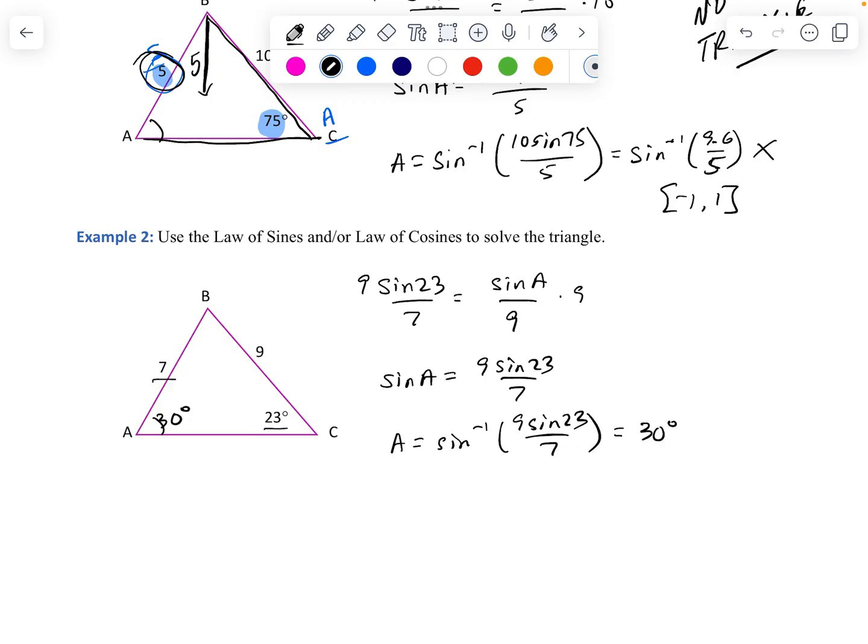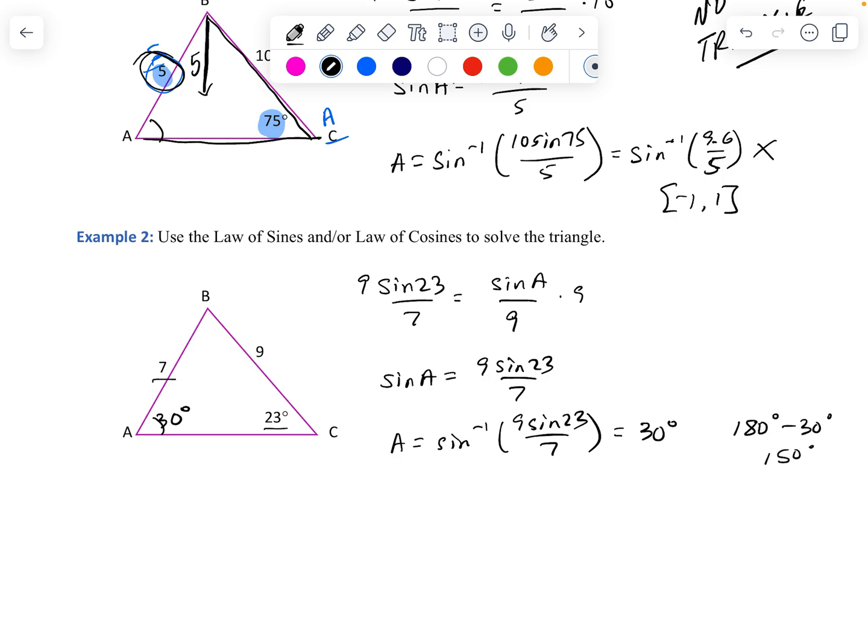Now what we have to do is determine whether or not there could be another triangle. This is how we are going to do that. We take this 30 degrees and do 180 minus 30 degrees, and we get 150 degrees.